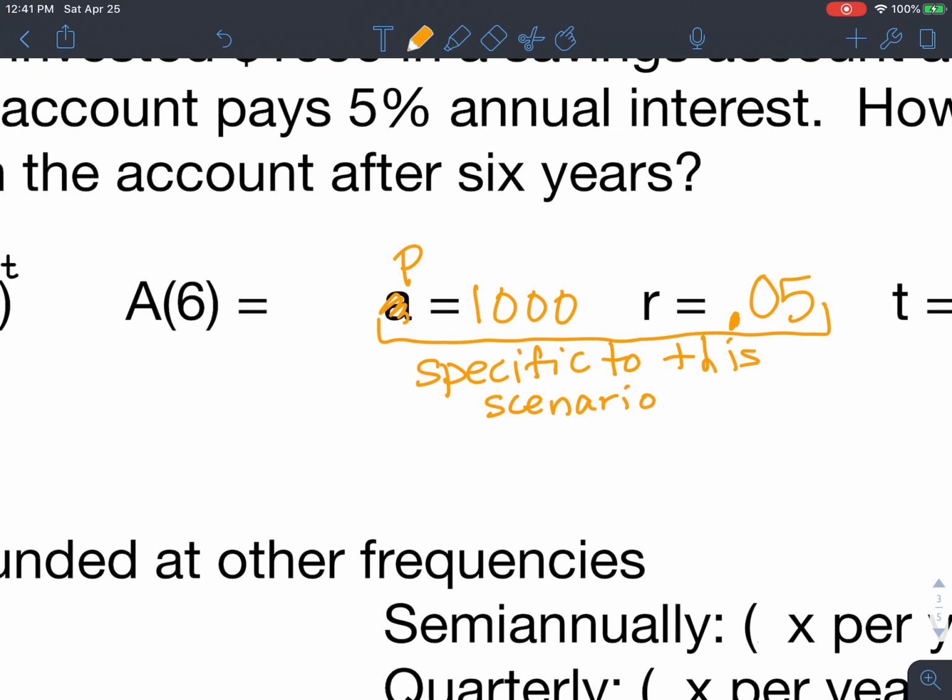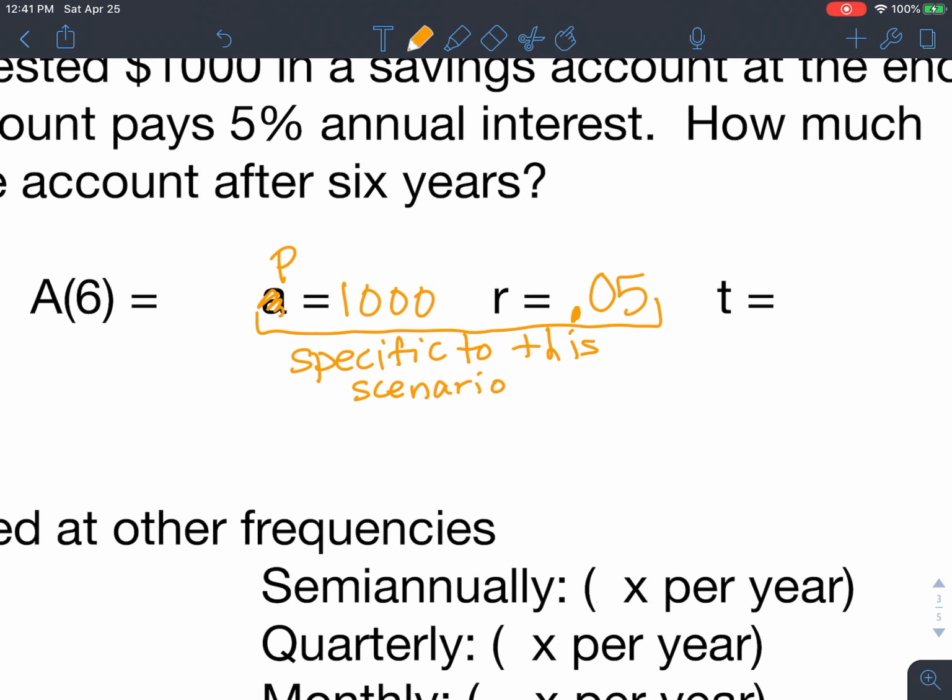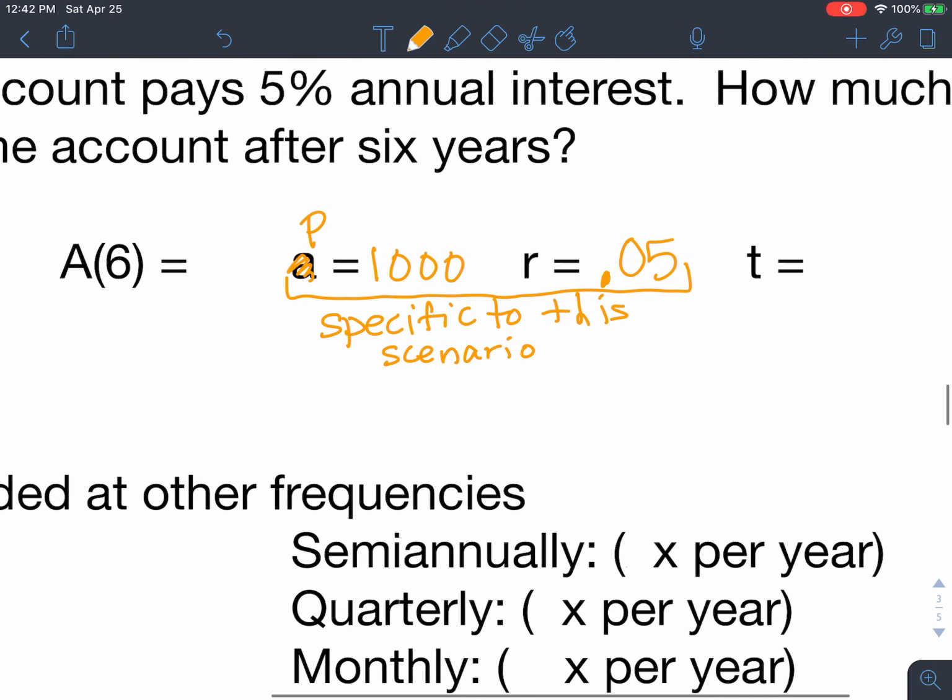Okay, this is sort of like the slope and the y-intercept, for the equation of a line. So, you find the slope, you find the y-intercept, you have the equation of one specific line, and then you can use x's and y's to find the other. So P and R are sort of like the y-intercept. Well, P is the y-intercept, but R is sort of like the slope.